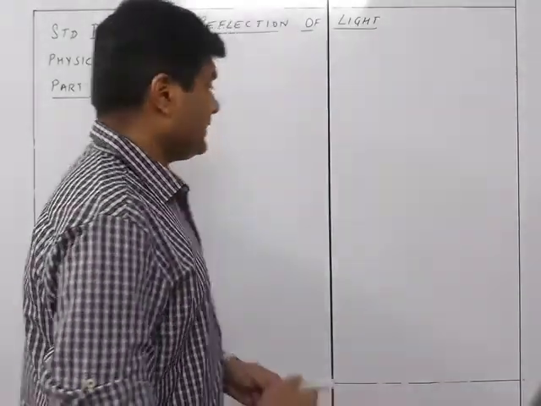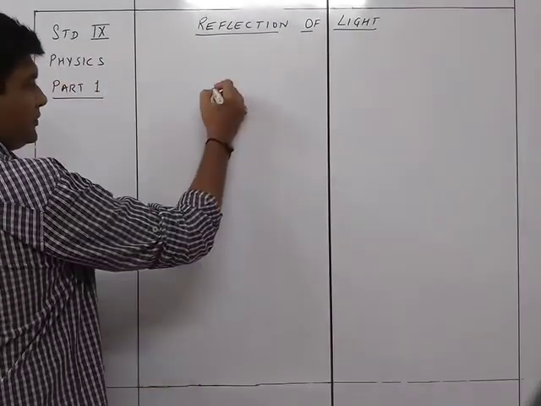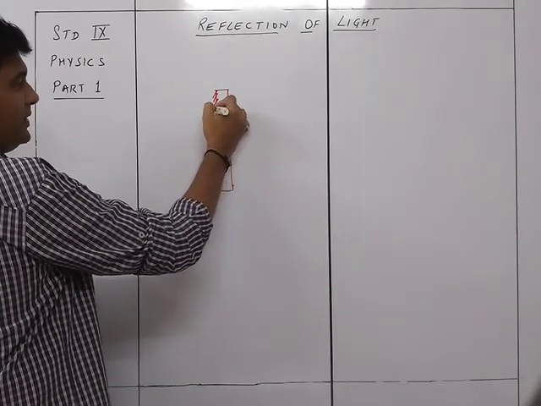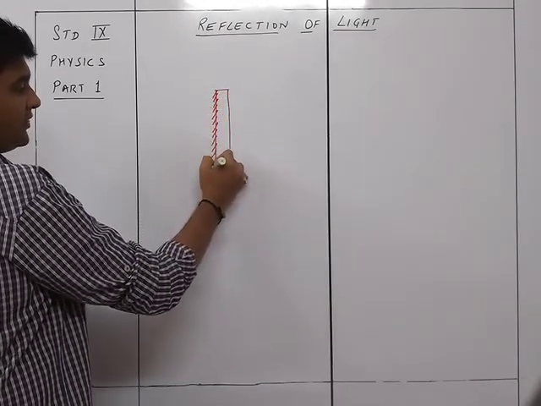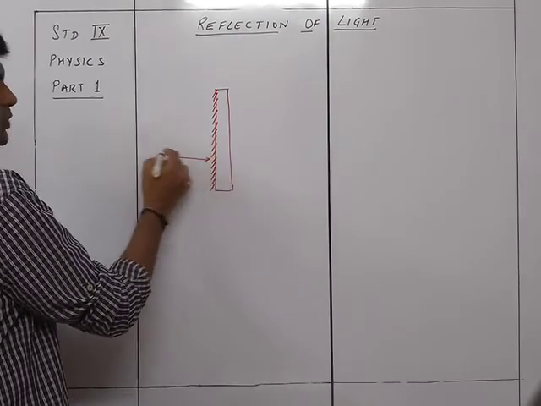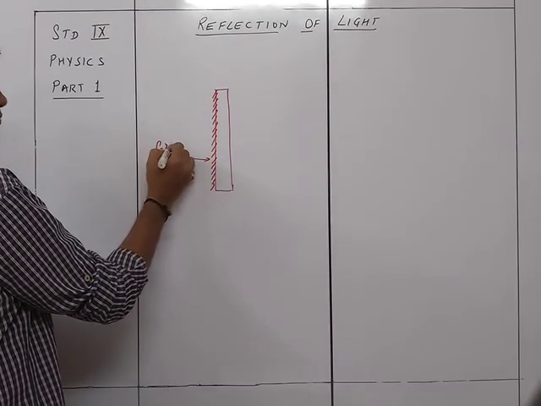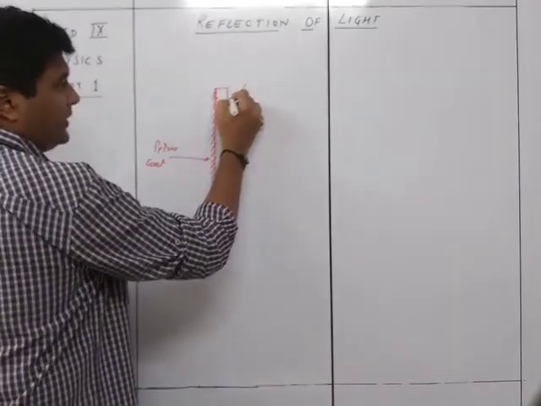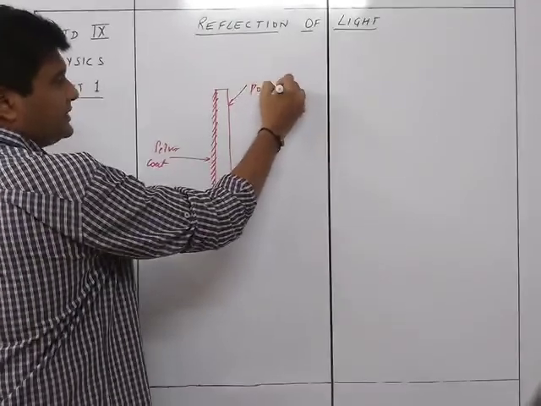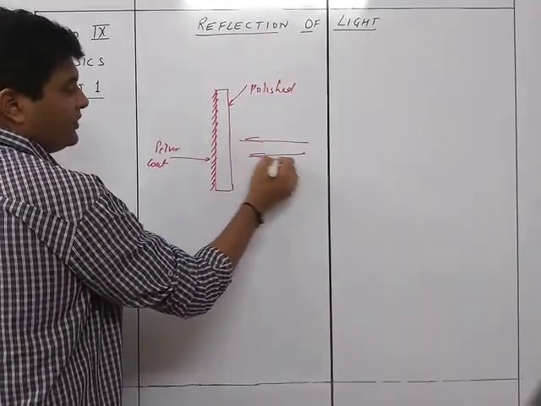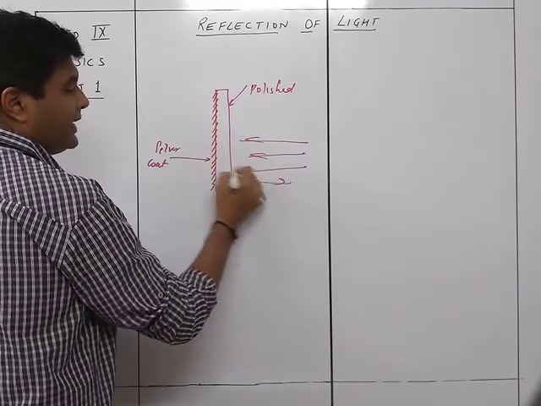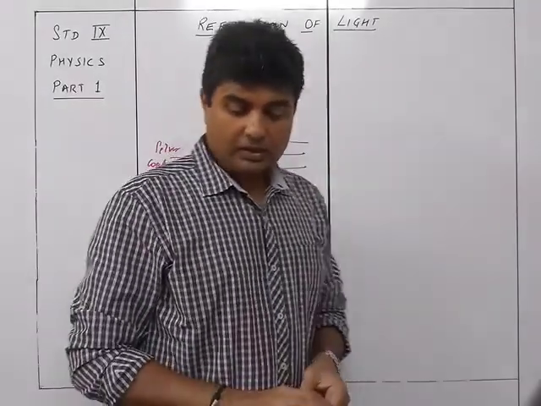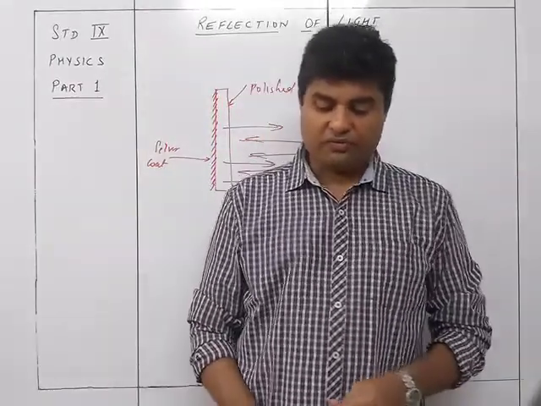So this mirror can be drawn like this, where this is the glass, and on this side there will be the opaque coating, which is over the silvered surface, and this side over here is the polished part. These are the rays of light which fall over here, and after falling they are reflected back in the same medium. So this is how the plane mirror reflects the light.